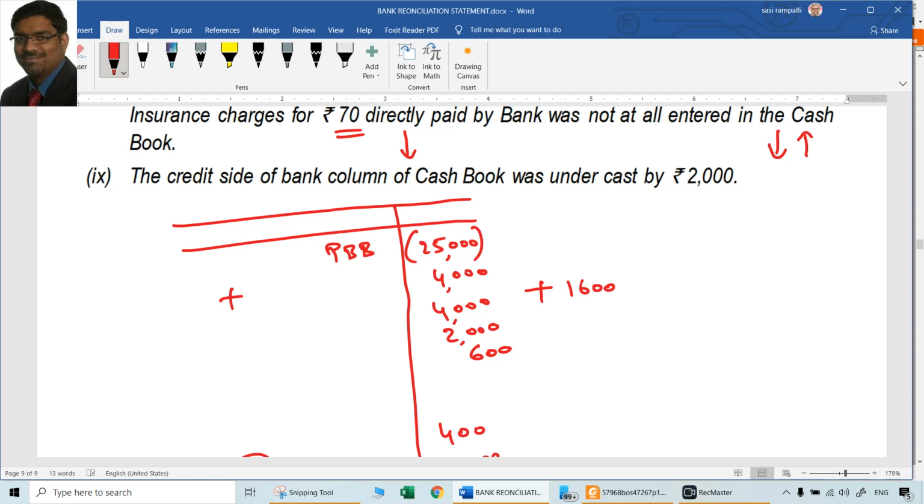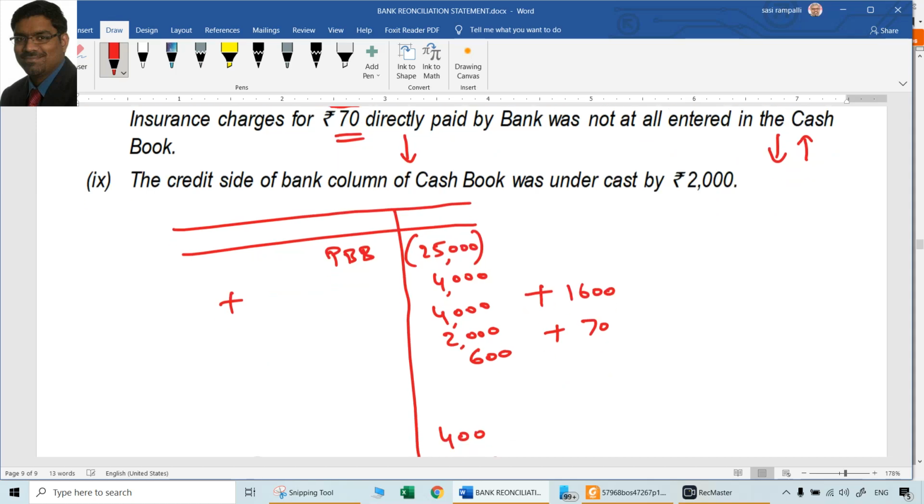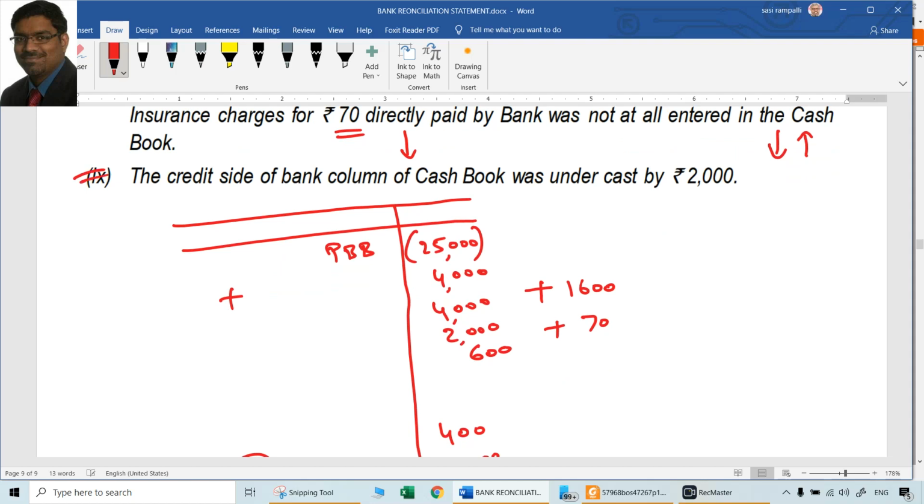Once the passbook balance is already lower, all that we need to do is add 70. Because we are not preparing any revised cash book, we don't need to know the cash book impact. What is the impact on passbook? That is enough. In the passbook, already it would have been debited. It would have been already shown as withdrawal, because of which the balance as per passbook would have been already lower by 70 rupees. Now we have to add that back. Now the ninth point says the credit side of the bank column of cash book was undercast by 2000.